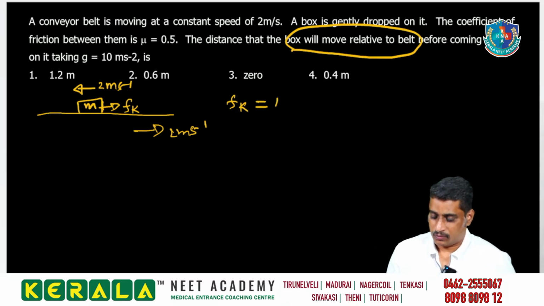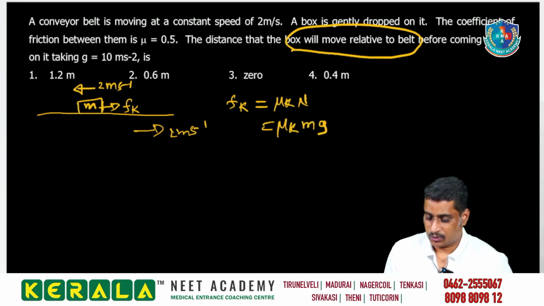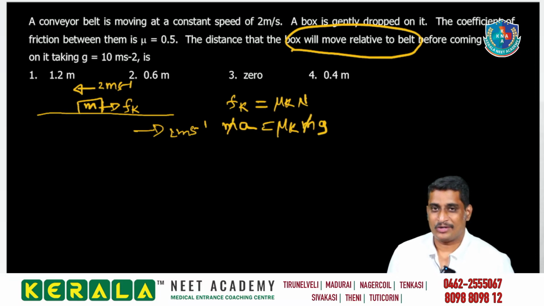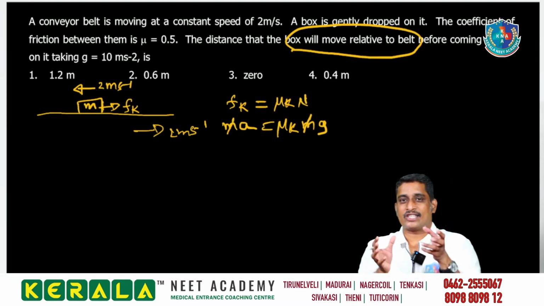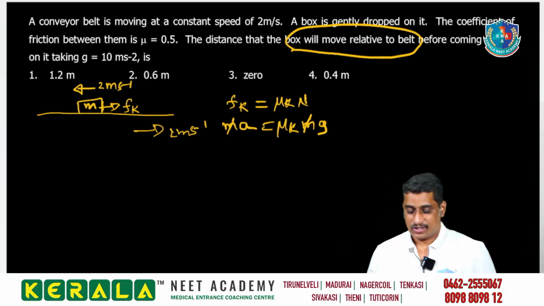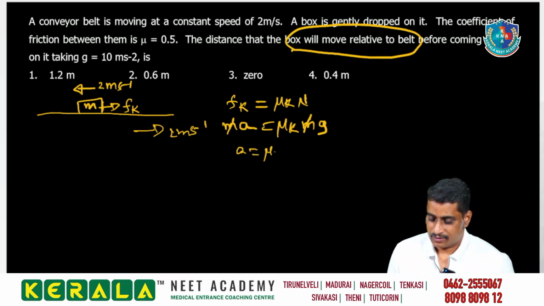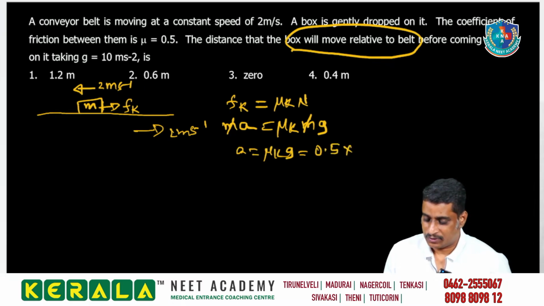Fk is equal to mu k into the normal force, nothing but mu k into mg. This is the net force acting over the block, nothing but ma. So a will be equal to mu k into g. This is the acceleration acting over the block along positive x-axis. Mu value they have given is 0.5. The g value you can take as 10. So this will be 5 meters per second squared.